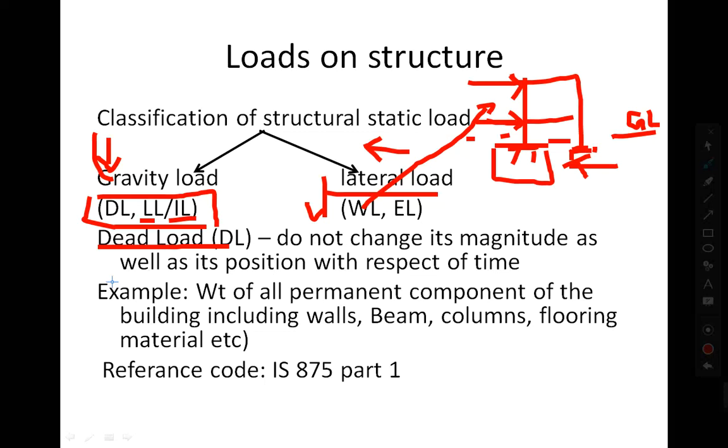In IS 875 Part 1, the unit weights are given for different materials. Like for concrete, the unit weight is given as 24 kilonewton per meter cube.